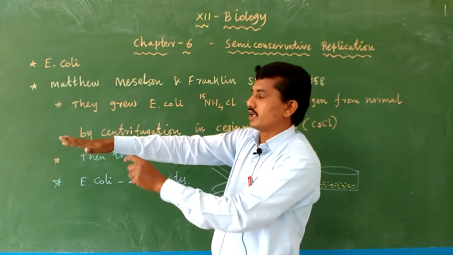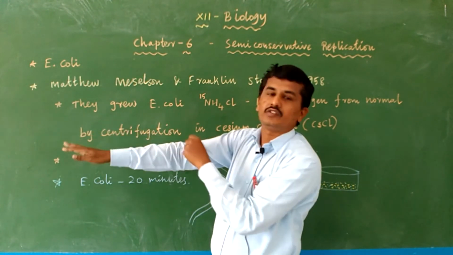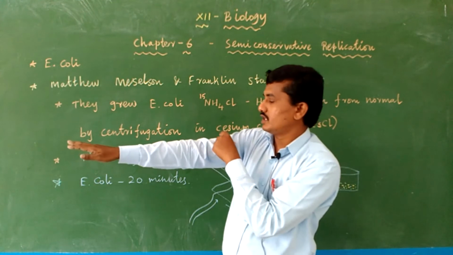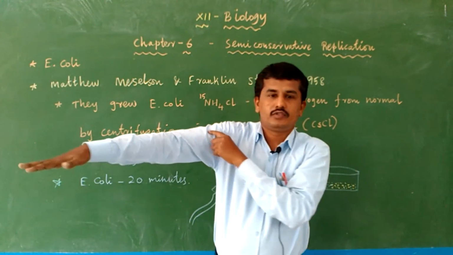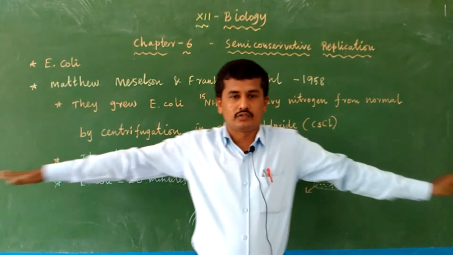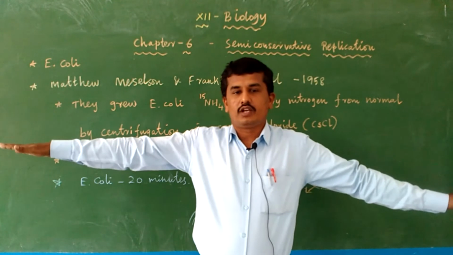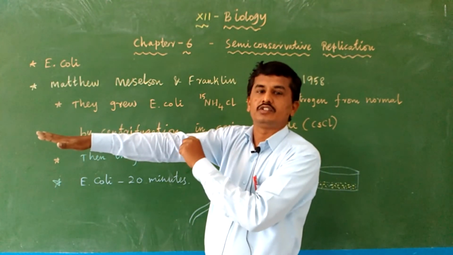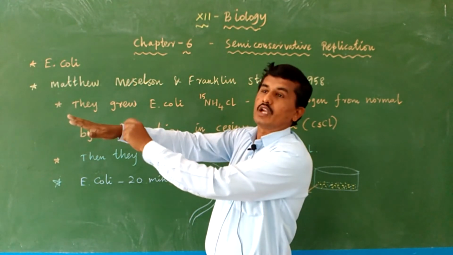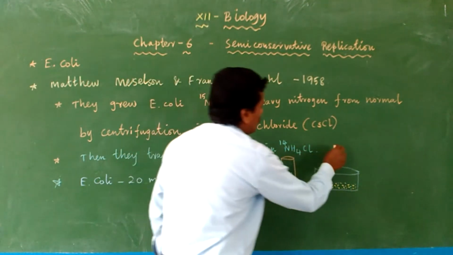More dense particles settle in the lower side of the test tube, and less dense particles settle in the upper side. Due to centrifugal force rotating the test tube, the heavy, high-density molecules settle at the bottom of the tube. Okay, listen, this is the centrifuge tube.